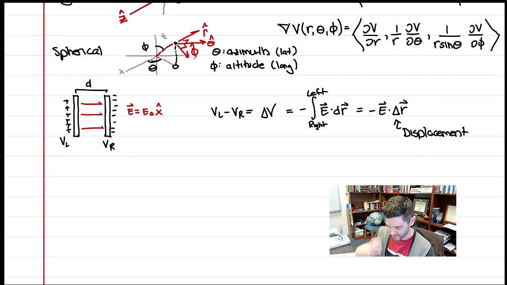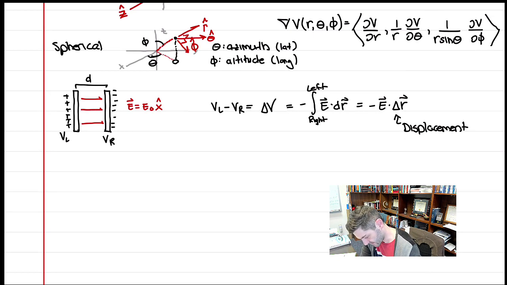I know that the left plate is going to be at a higher potential than the lower plate. Think back conceptually to what we talked about with the connection between electric field and potential. In this case, I can write down that delta V is negative the electric field, but we said the electric field is E naught in the x direction.